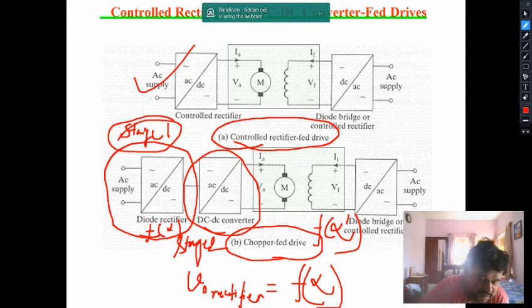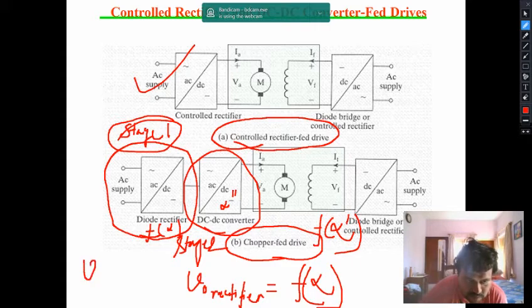Now when you are introducing in stage 2, that is the second stage, a DC to DC converter, here you are also employing a thyristor. And let the firing angle of that thyristor be given by alpha double dash.